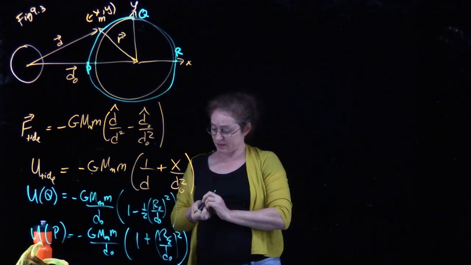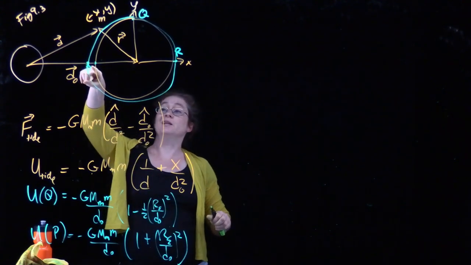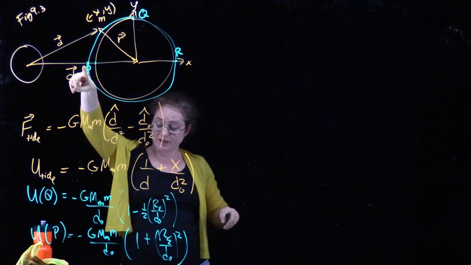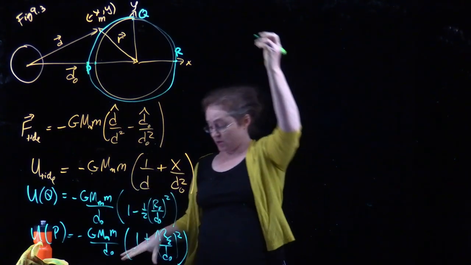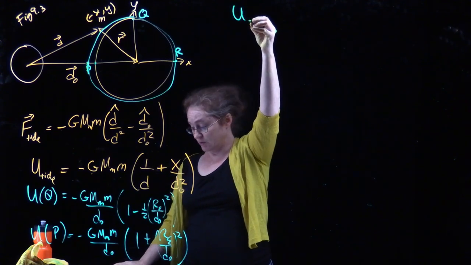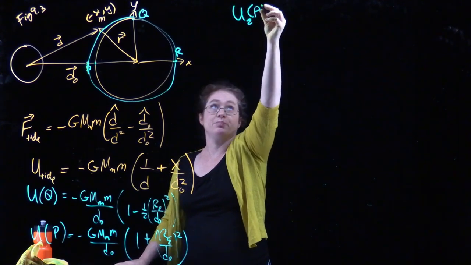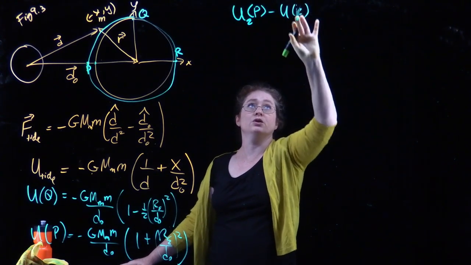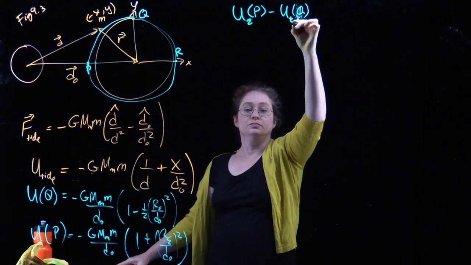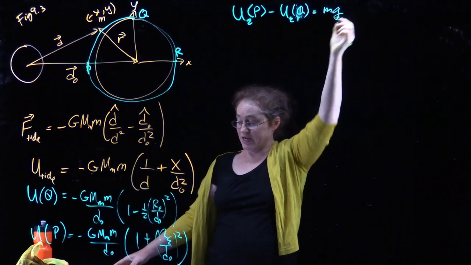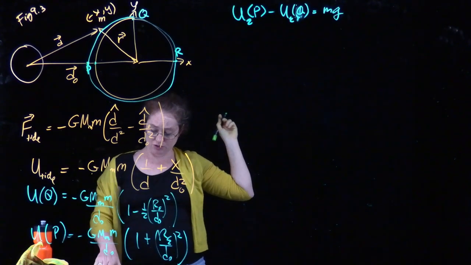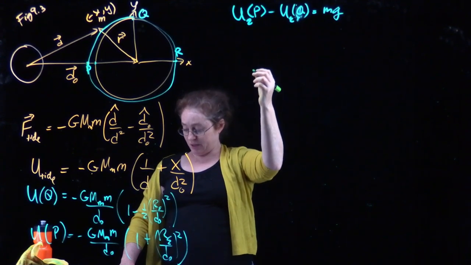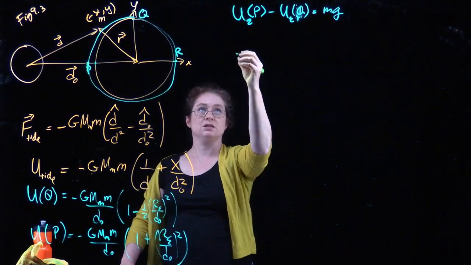All right, so we're going to take the difference and take advantage of the fact that we know that this has a potential difference due to gravity alone of mgh. So we will use u from the Earth at point P minus u from the Earth at point Q is equal to mgh. We're going to use these two forms, and taking a deep breath because it's a lot.